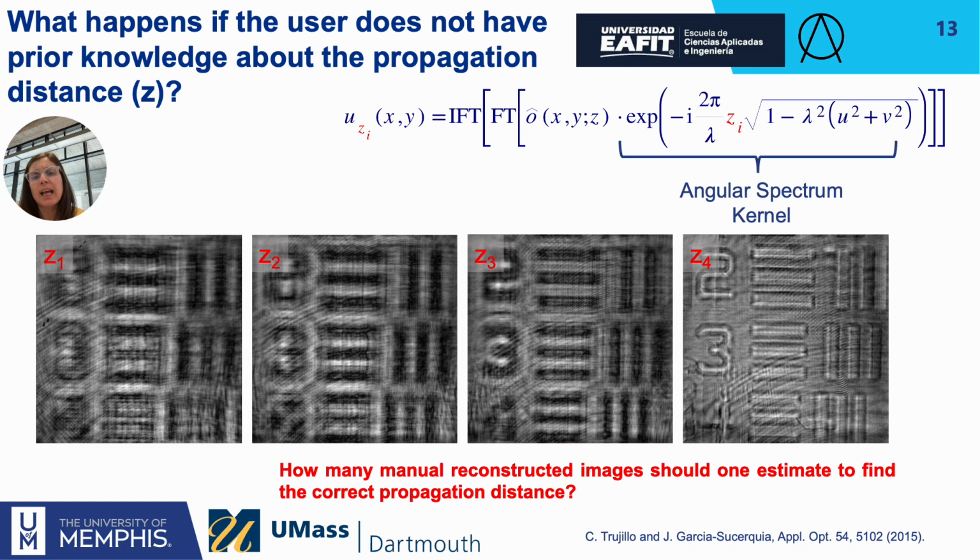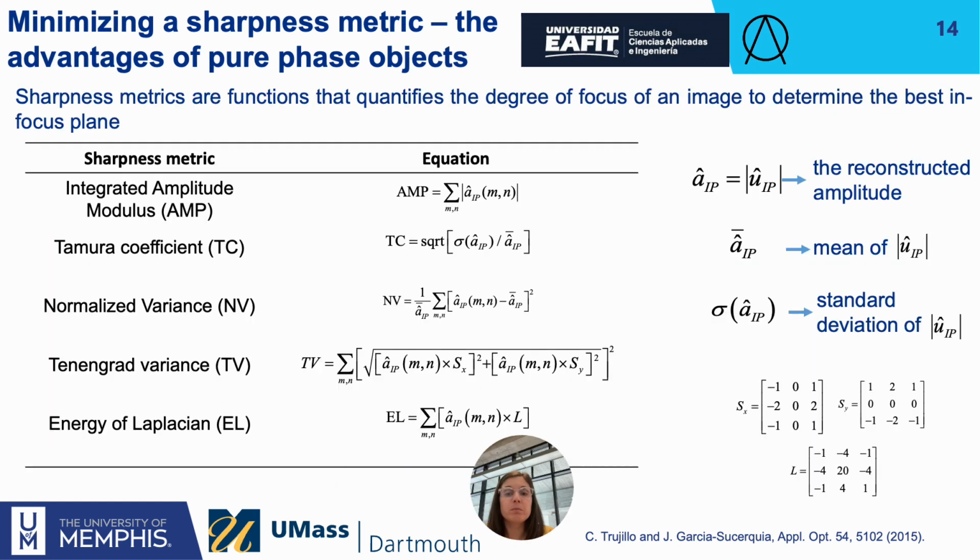A priori you don't know anything about this distance, right? So what we do is loop over a lot of reconstructed images and figure out manually which one is in focus, but that is a manual process, and it really depends on the experience of the researcher.